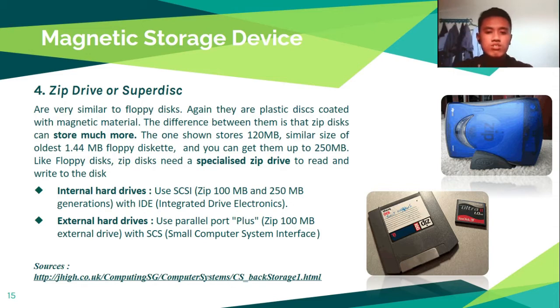The one shown stores 120 megabytes, similar in size to a 1.44 megabyte floppy diskette, and you can get them up to 250 megabytes. Like floppy disks, zip disks need a special zip drive to read and write to the disk.